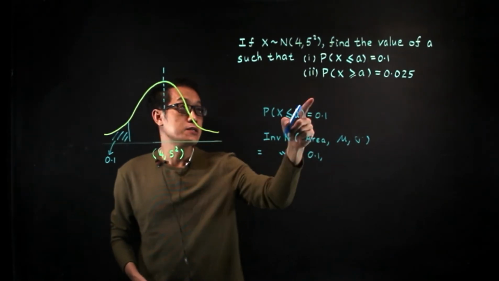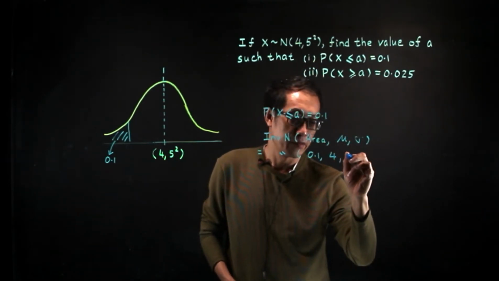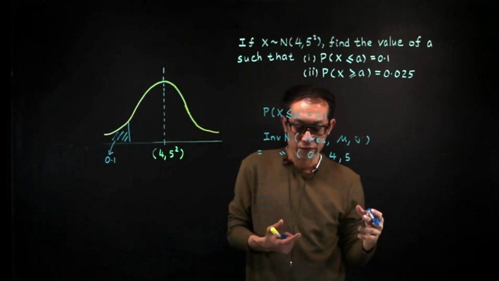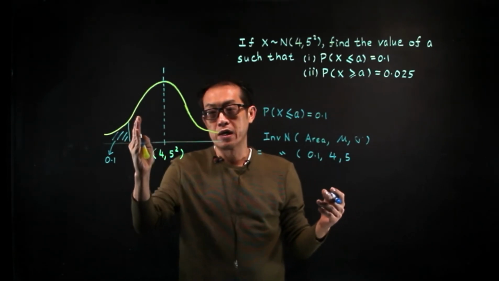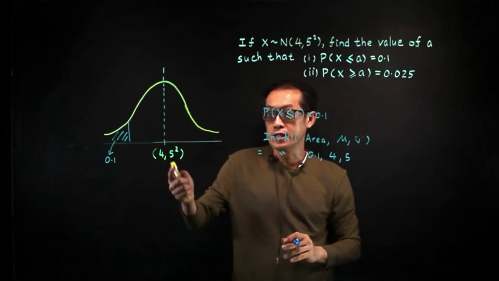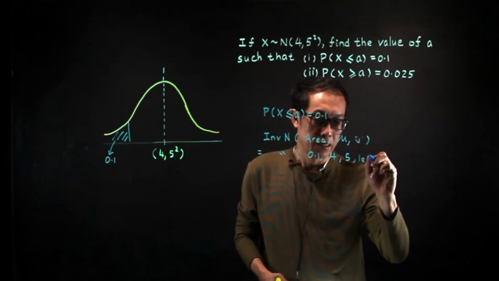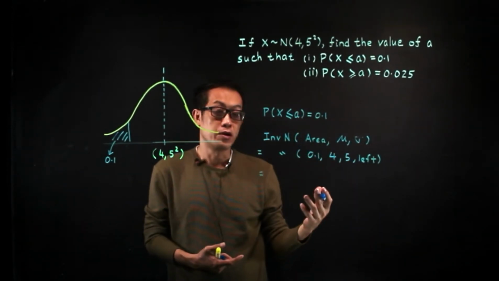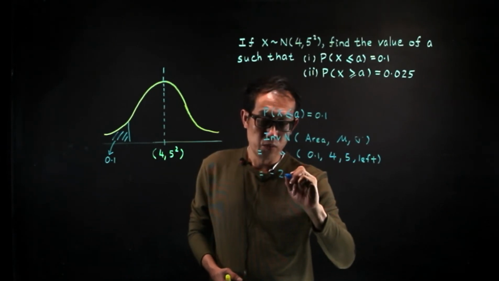And then the mean is 4. Standard deviation is 5. After that, they will ask you to find the location of the area. Is it on the left hand side of the bell curve, or on the right, or in a certain interval, or the center? In this case, it's on the left. So you select left. And then you press enter twice if I'm not wrong. And then you will get this answer of negative 2.41.